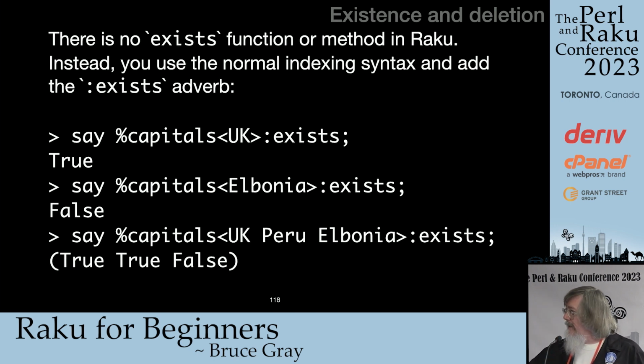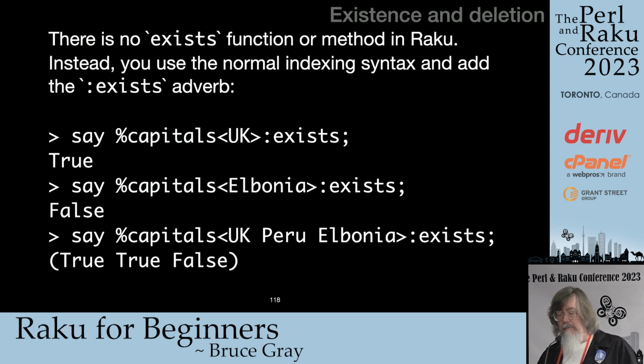So instead of using exists the way we did it in Perl as just a function, or having to resort to passing a hash completely separate from passing a key, you do the same indexing that you normally do. You just add :exists. Colon is the adverb marker. :exists says, do this, but only tell me, does it exist or not? And you can do it for multiple things. And it makes more sense.